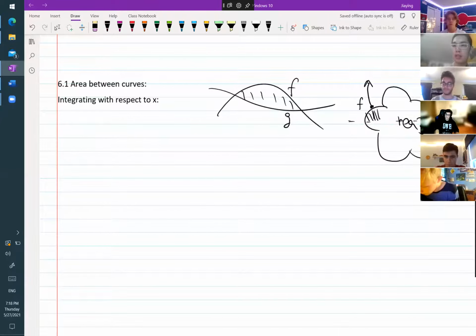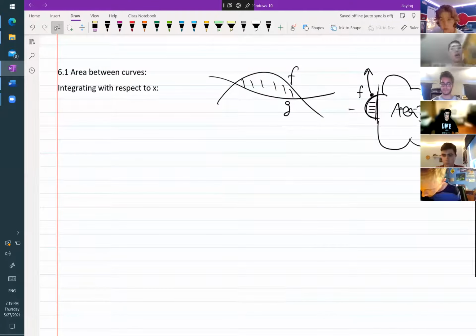Or instead, I could draw a vertical line and divide it this way, so that I can use this curve, if I know what the function is, and this vertical line to figure out this area. So you can divide it into a lot of areas that make it easy to calculate the area of each part, and then add them together to get the total area. That's what a lot of programming does to estimate area.